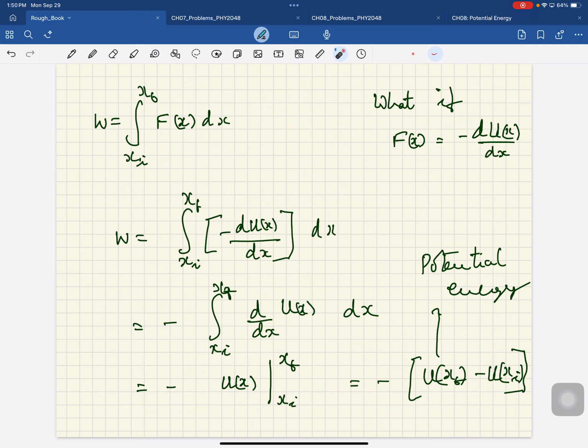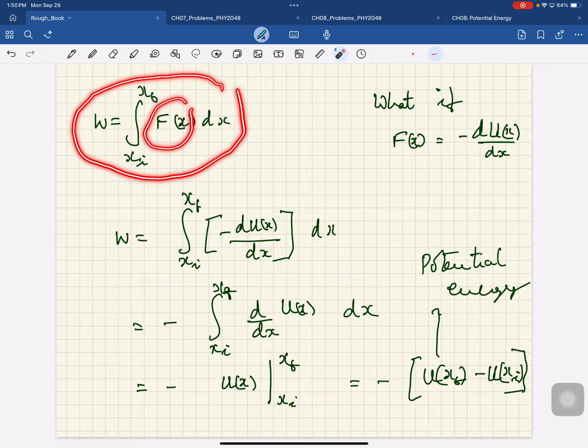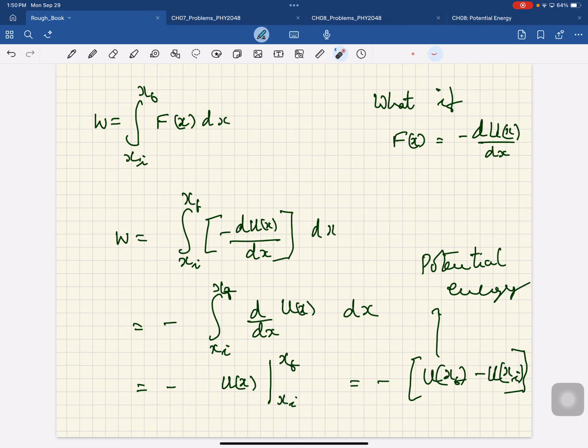Let me summarize this again. We are interested in calculating the work done by a force that is dependent on position. So that's the formula. Now, if you can write this force like so, then doing this integral is easy.